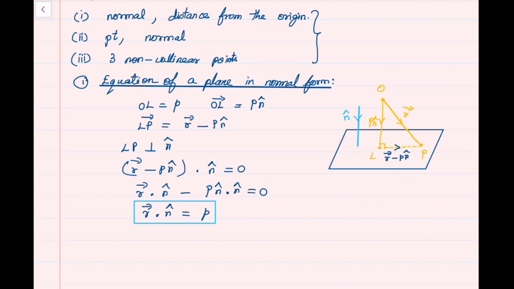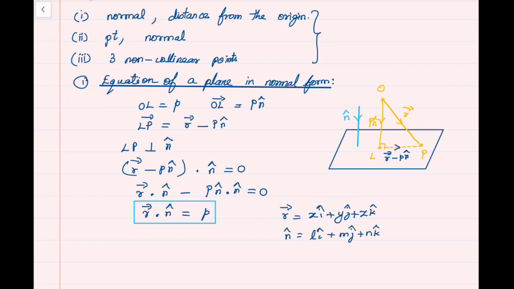Let us write the Cartesian equation of this plane. We will take vector r as xi plus yj plus zk, and n cap, it is a unit vector, so we can write it in terms of direction cosines l, m, n. So n cap is equal to li plus mj plus nk.